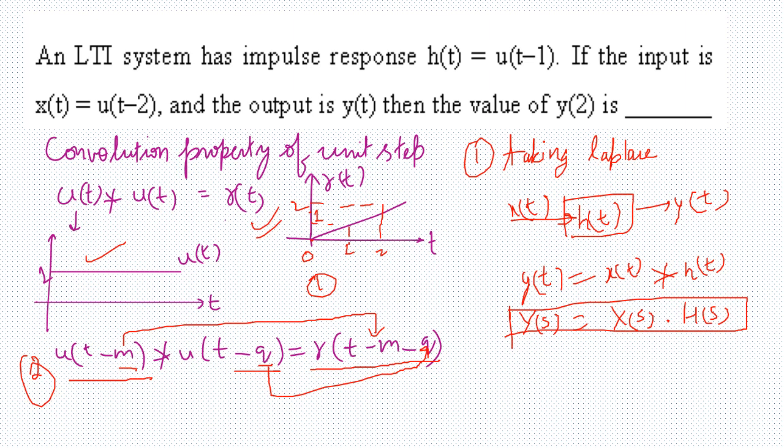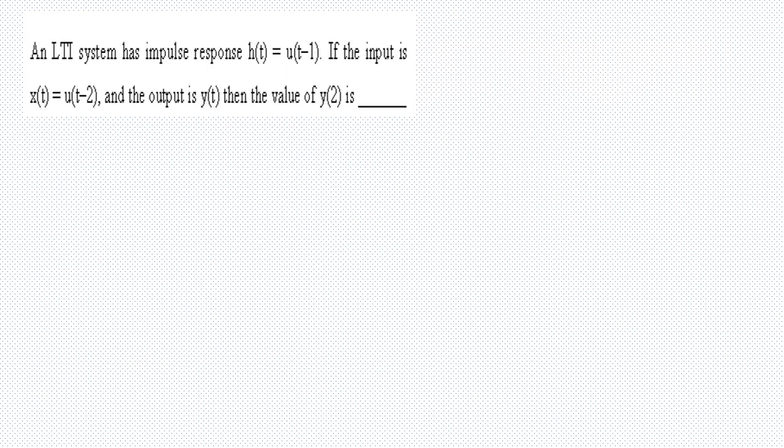Now let us proceed with this approach and see whether we can find an answer to the question. You can see here h of t is u of t minus 1, and x of t is u of t minus 2.